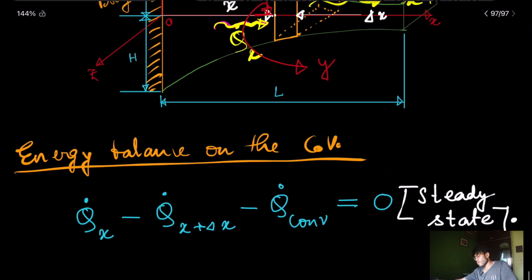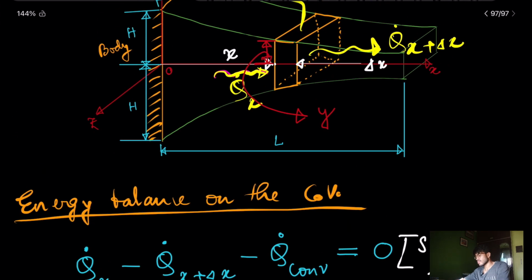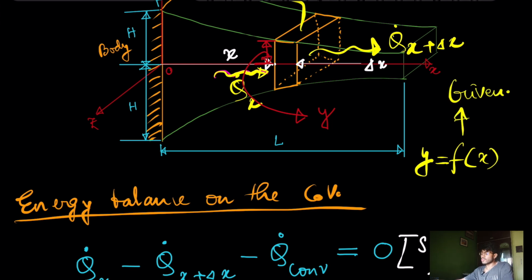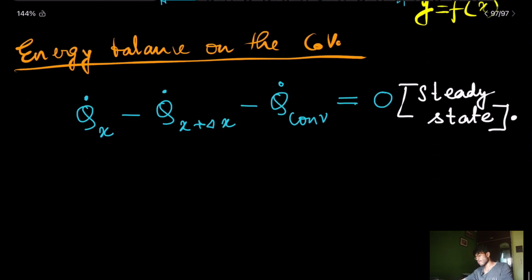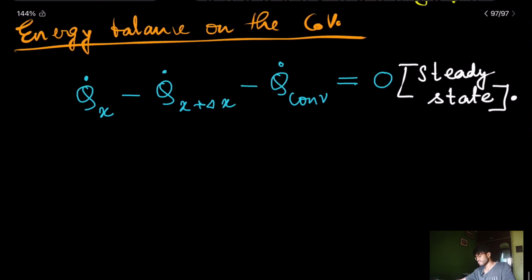In the problem the variation of y as a function of x will be given. In your undergraduate you have only studied the constant cross section fin, circular, rectangular, like that. Now here you have to study the varied cross sectional fin.